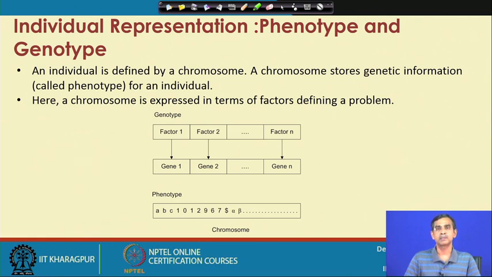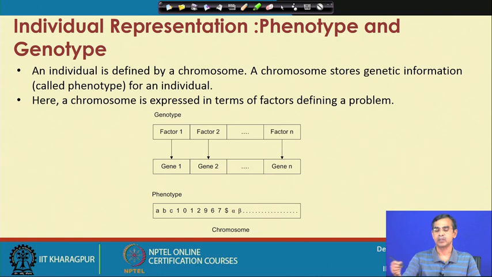A chromosome is a collection of genes, and a particular gene combination gives a particular DNA for an individual. So, every individual has its own DNA code. The basic structure of all these chromosomes is called the genotype.